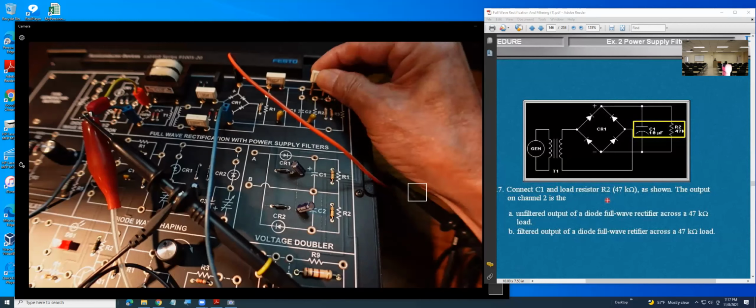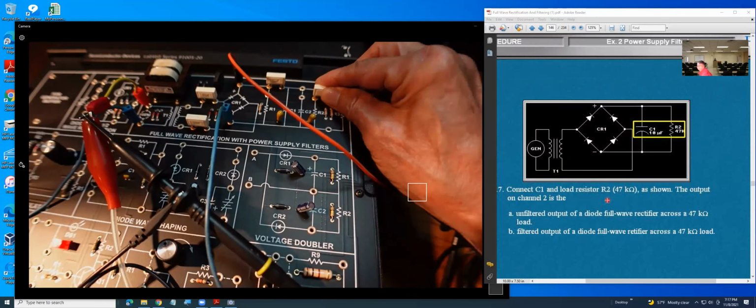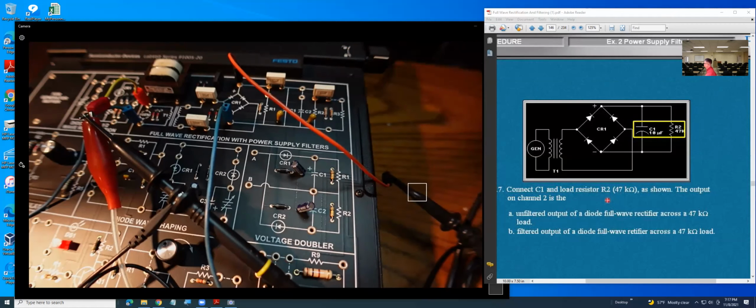When they try to charge up, and also when you get a load, they will be discharged. What they try to show you here is the ripple.